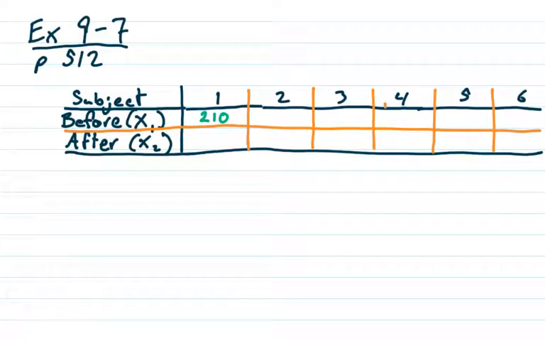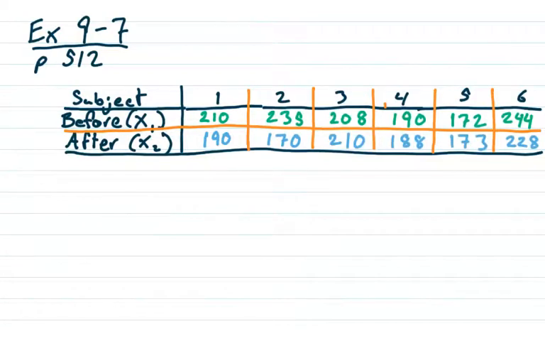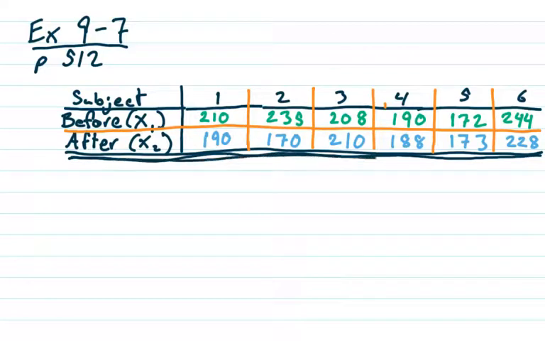This first subject had 210 as their beginning cholesterol level, and then after 6 weeks of the treatment, 190, and so on and so forth. And we'll fill in the rest of that carefully. Yes, so there is all of the data right there, all of the before and after.